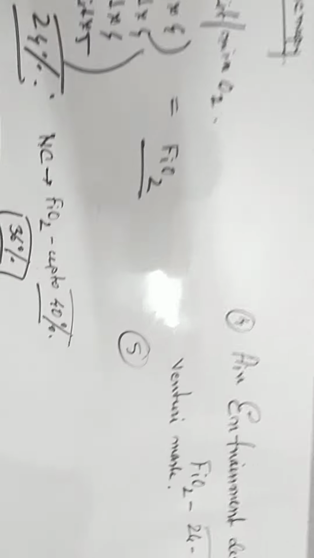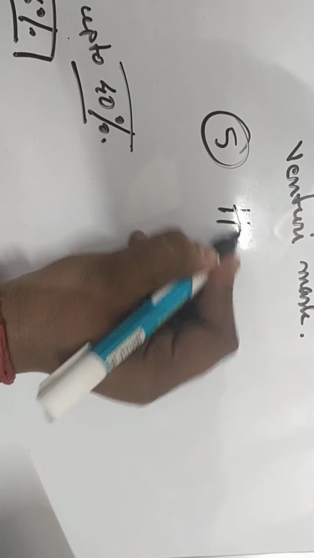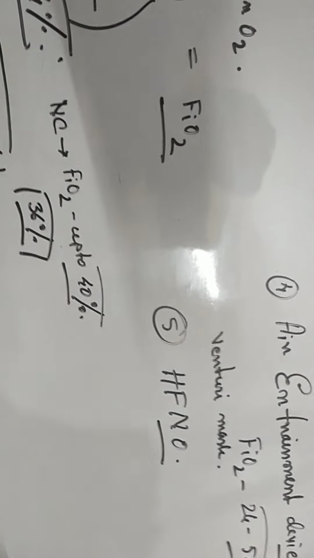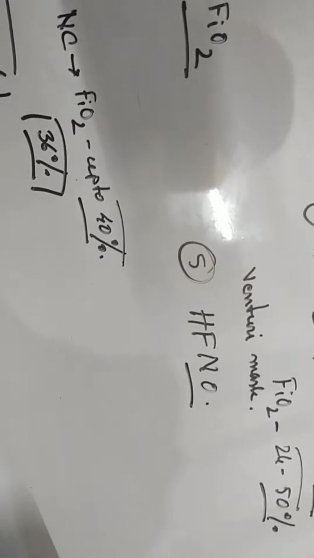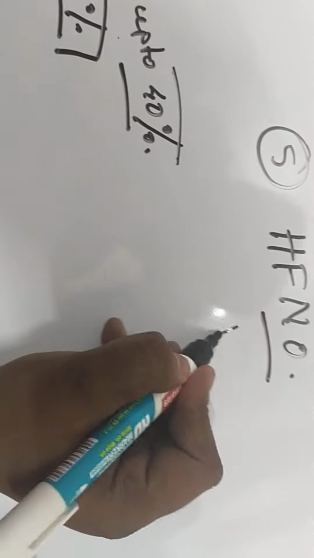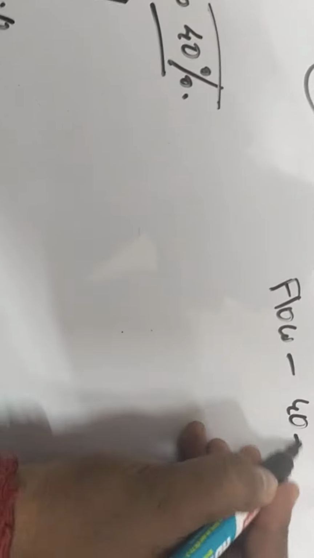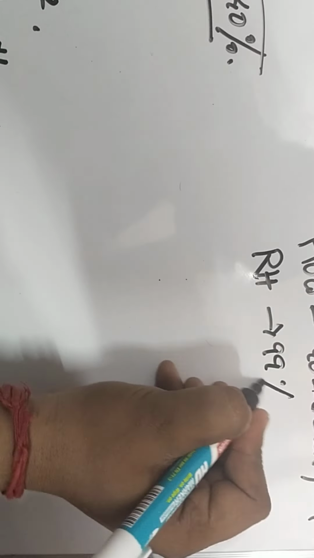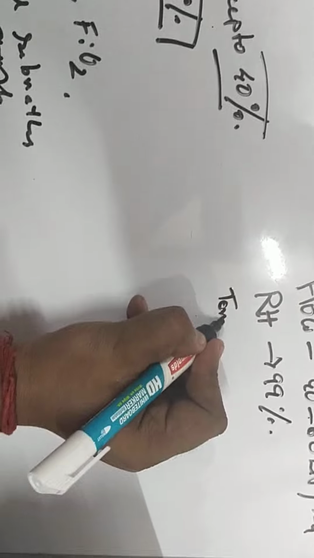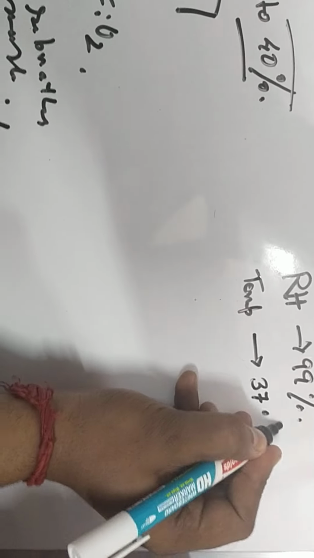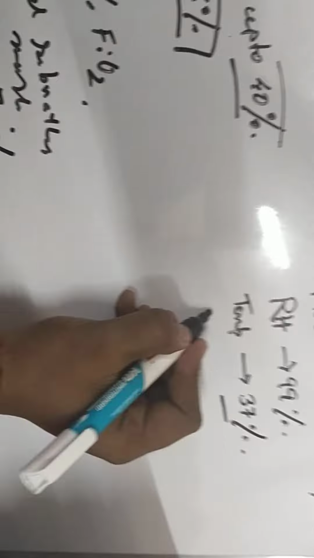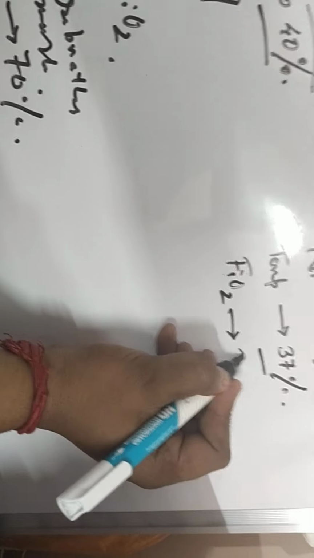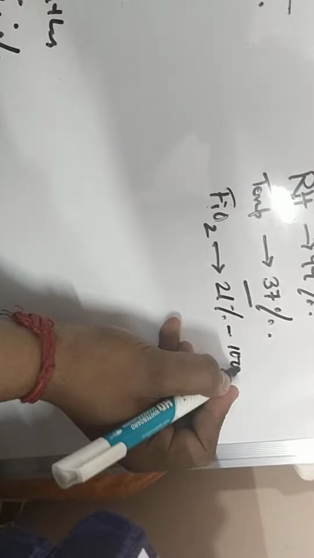And lastly, most importantly, high flow nasal oxygenation. In AIRVO 2, and there are other devices also, we can provide flow 40 to 60 liter per minute, relative humidity of 99%, temperature 37 degrees, FiO2 21% to 100%.